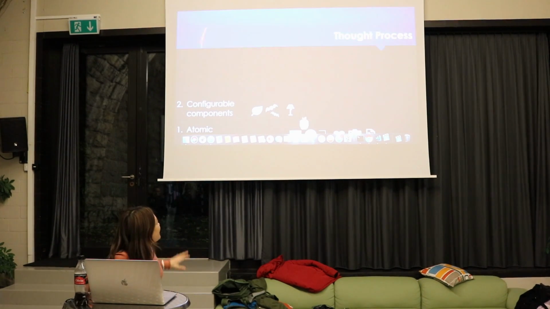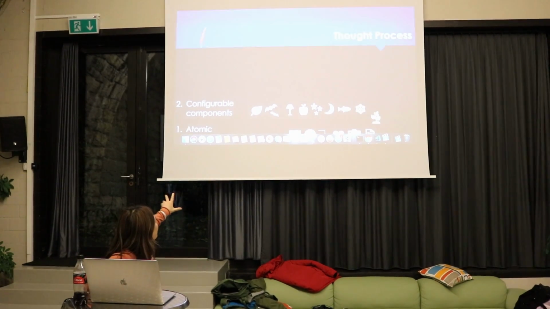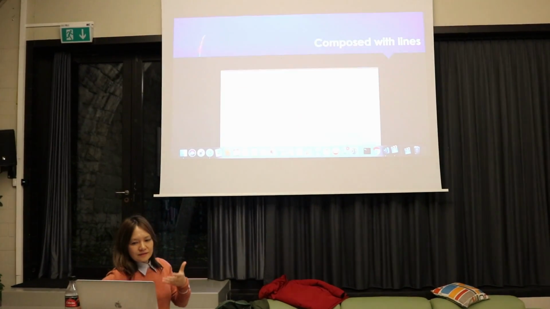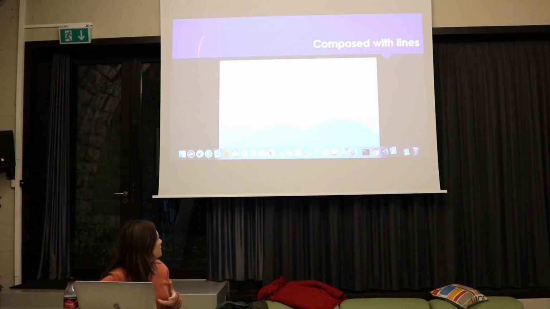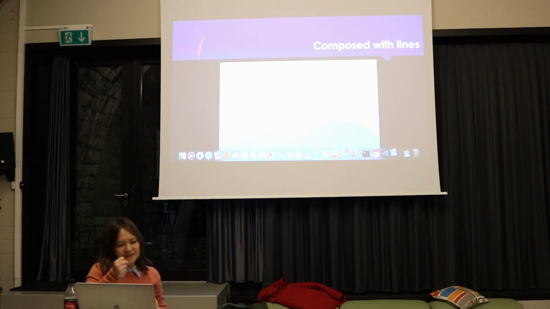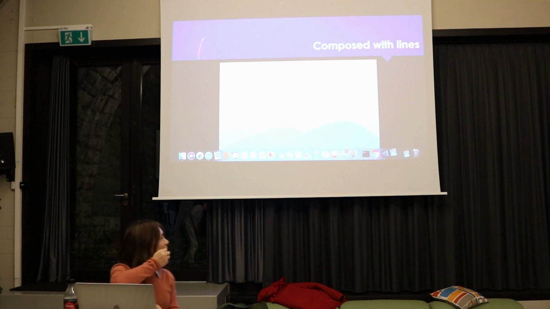So this is just to give you some visual ideas of what I built. I built the first atomic component, which, like the name says, is atomic, just to compose other objects with.